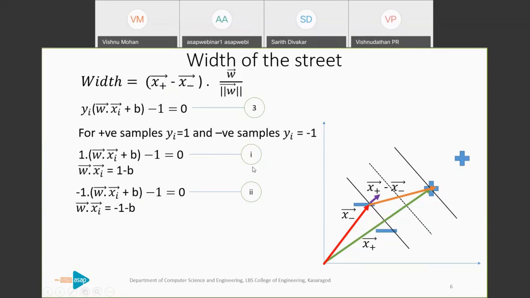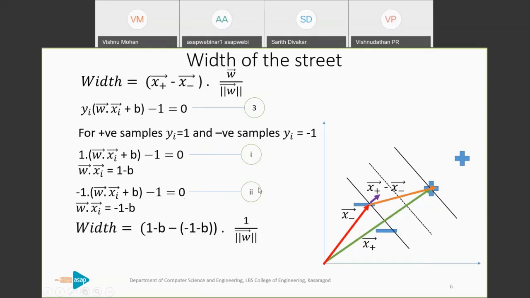So what you can do is, you see this expression, the width. Indeed it is a dot product of this difference vector with w. So you can replace this dot product of x plus with w with 1 minus b for the positive cases, and you can multiply x minus with w with -1 minus b.